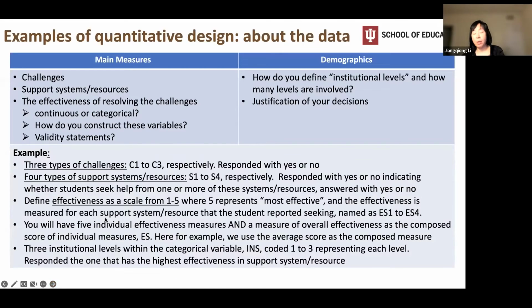For example, some key components across our research questions will be challenges, support systems and resources, and effectiveness, right? So if you have identified 3 types of challenges, well, here I'm just making up this number because there can be 30 rather than 3.